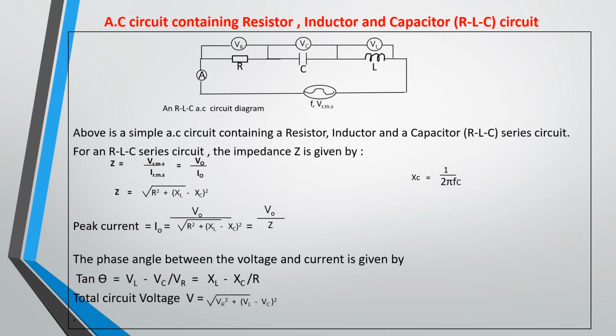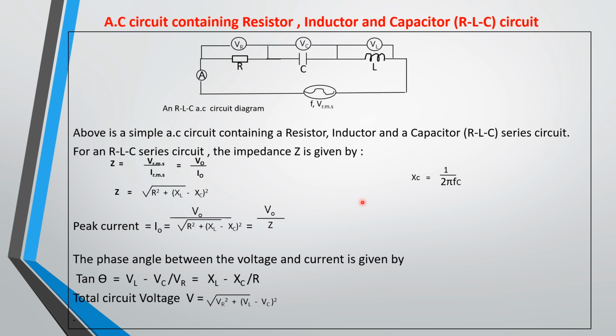Okay, so this is the last type of circuit arrangement, and this circuit arrangement combines all the components that we have discussed before. In this circuit arrangement, you have the resistor, the capacitor, and the inductor. So this one is called the resistor, inductor, capacitor series circuit.